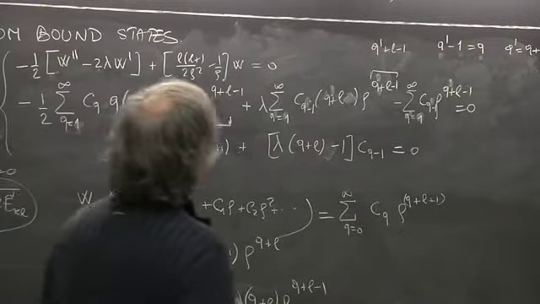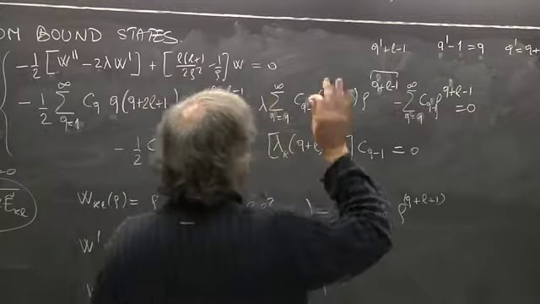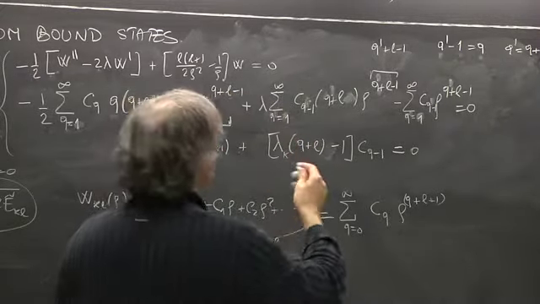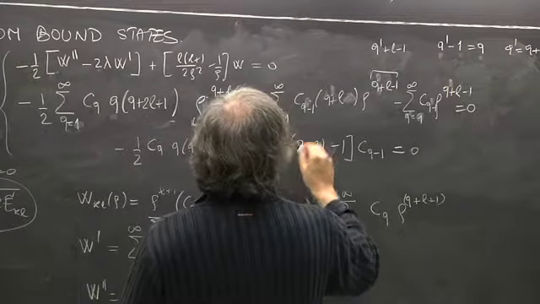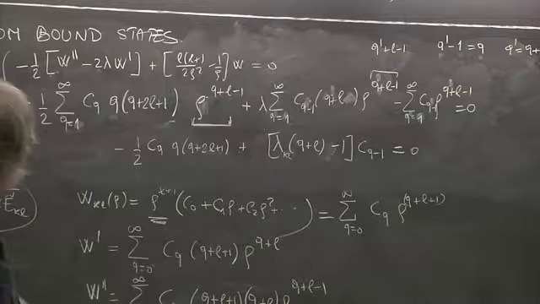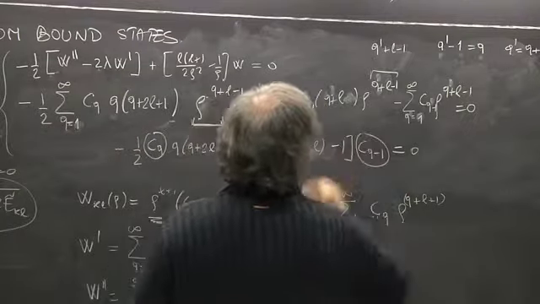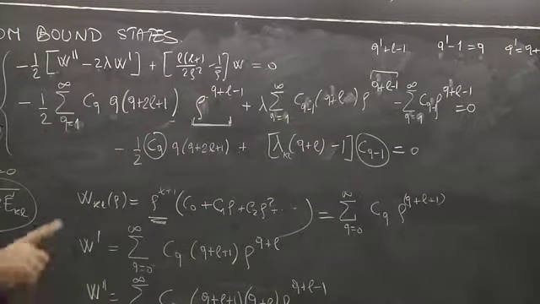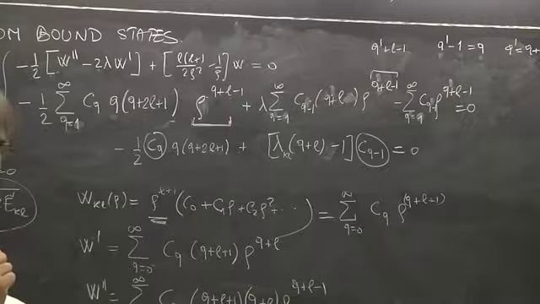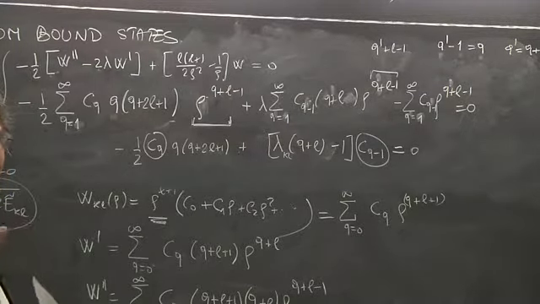Now, let me reinstate the indices. Remember that this lambda really depends on some unknown label, which we want to find soon, and on L as well. And now you see immediately that this gives you C_Q in terms of the previous one. So it's an iterative solution, which is essentially what you want when you write a power series.